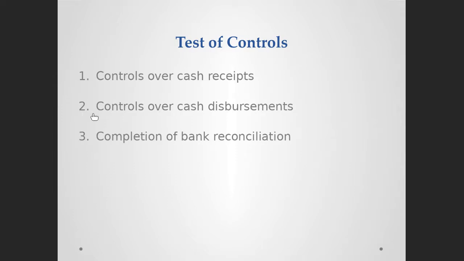So when we do the test of controls, let me see if there is someone who can answer this question. In which process is this control taken care of? In which chapter did we study the controls over cash disbursement for payments made to the supplier? Expenditure cycle.